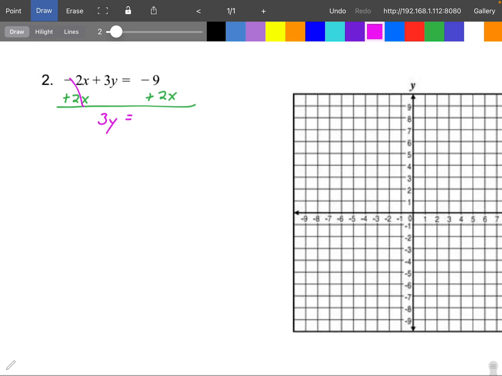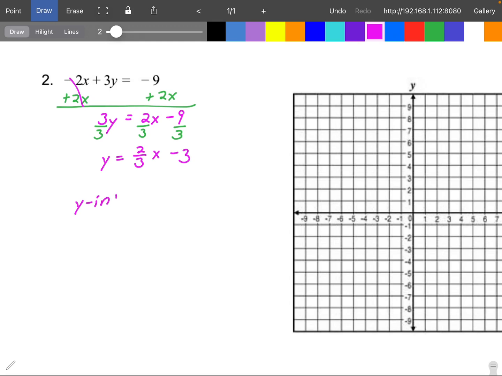One has a variable, one doesn't. I want to put my x first. My 2x is a positive 2x, and my 9 is negative 9. Then the last thing I need to do to get y by itself is divide everything by 3, which would then give me y equals 2 over 3x, because 2 over 3 doesn't simplify, and then negative 9 divided by 3 is a negative 3.